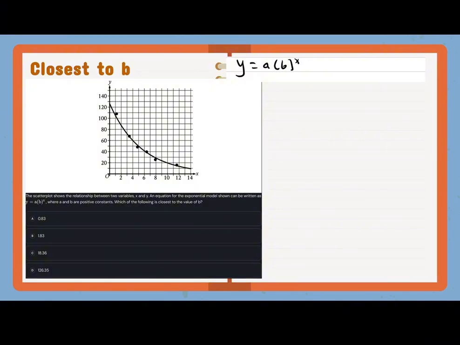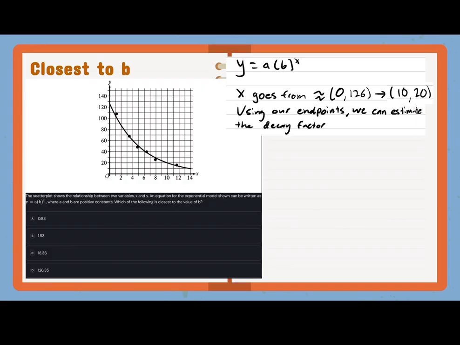The 2 points we can pick are the starting value and a value we know aligns well with the x and y, and that is about 10, 20. So we have these 2 points here. We can estimate the starting value to be about 126, 125 should be fine.